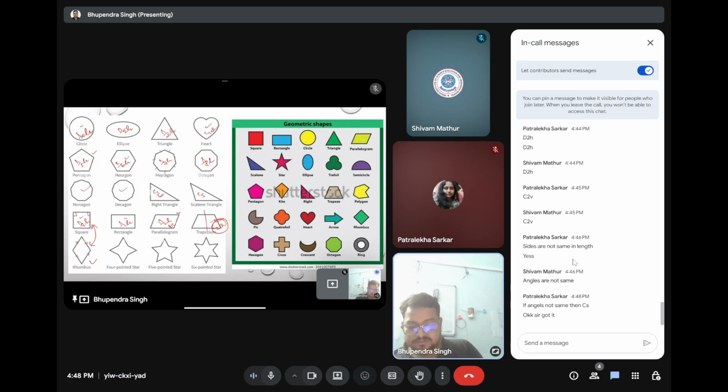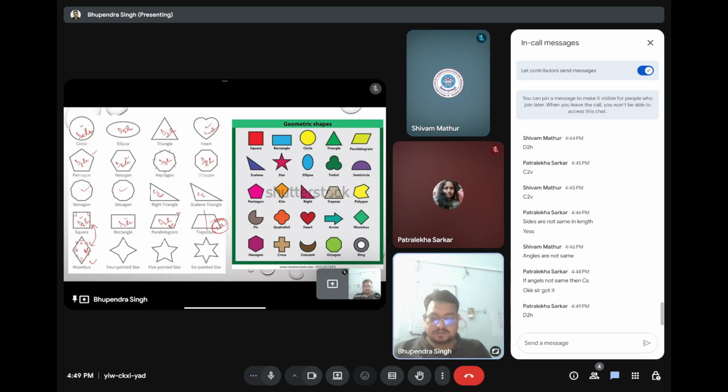So if you remember the trigonometry, then this angle A, and this angle should be A. This angle B, then this angle B. Now tell me the point group. D2H. Okay, D2H. Okay, 4 pointed star.